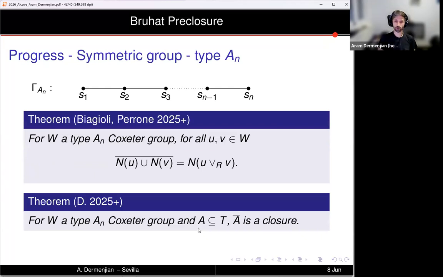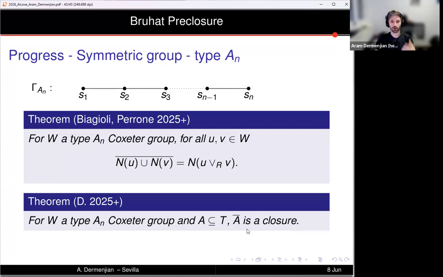This works in the symmetric group as well. So Biagioli and Proni showed this directly, and I also showed this, but in a slightly different way. The way I showed this myself is by showing that in type A, in the symmetric group, the Bruhat preclosure is actually just a closure. So in this case, we do get a nice closure for the symmetric group.